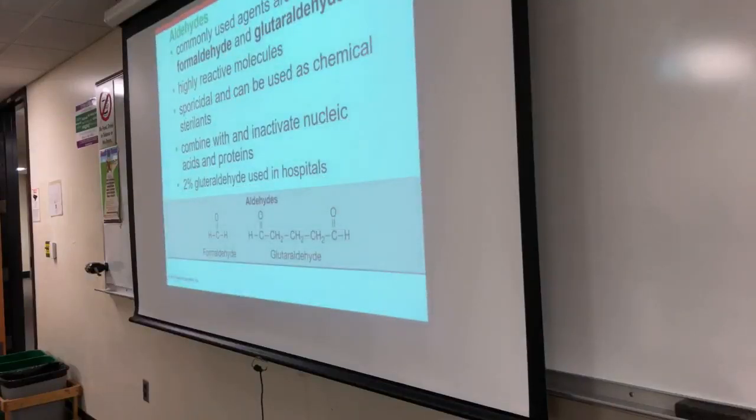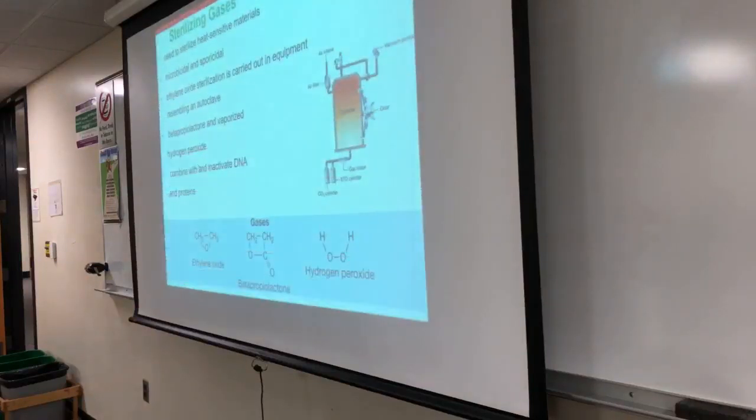Aldehydes, you might want to know about formaldehyde and glutaraldehyde. They cross-link proteins and cell components, and so they're very strong disinfectants, if not sterilants. They can even be sterilants.